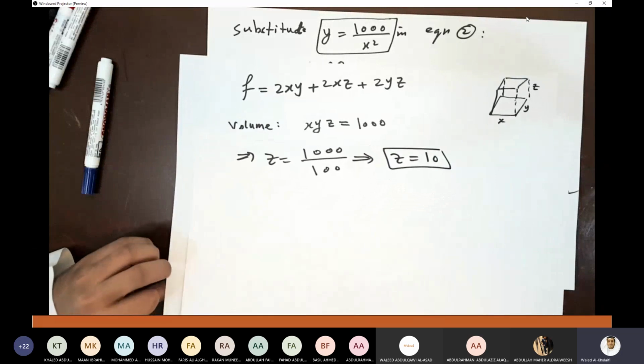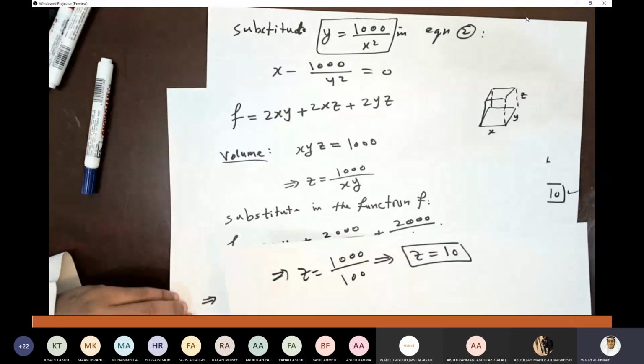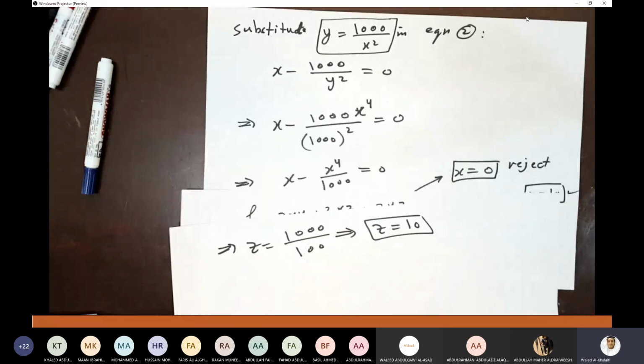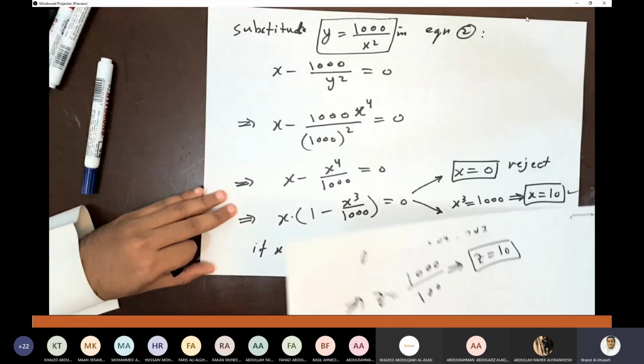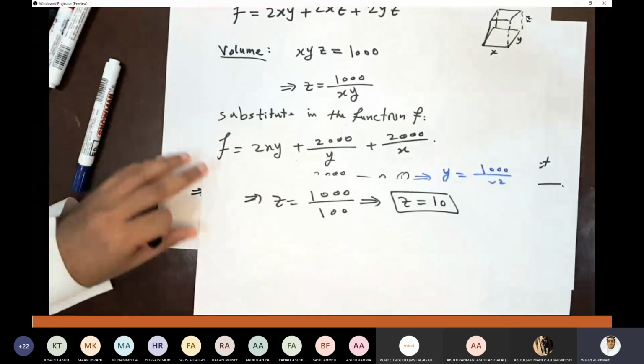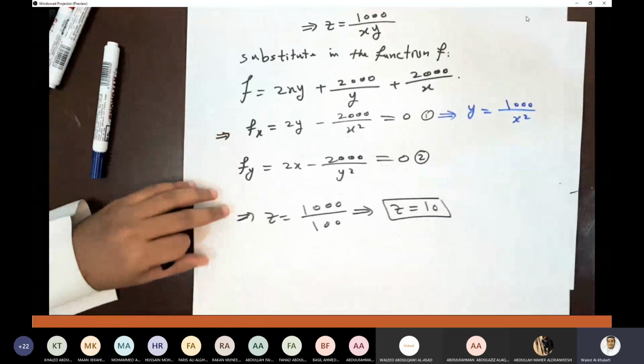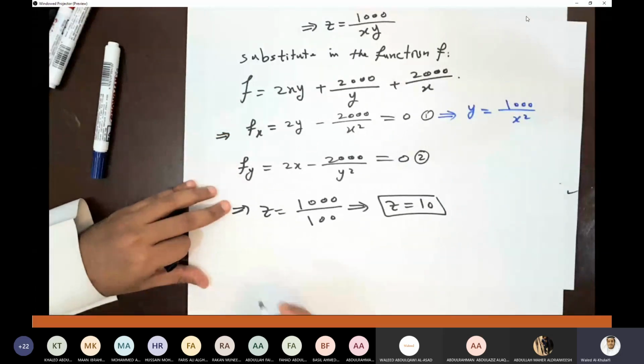Okay, so now you have the dimensions. Now how to check that this really gives us the minimum, Shabab? This is a function f. This is the fx, fy. How to check really this will give us the minimum?